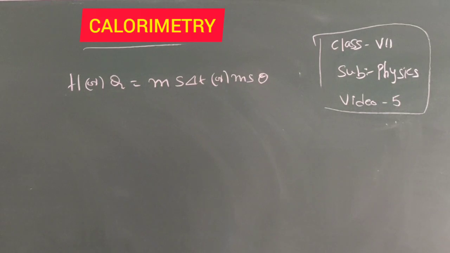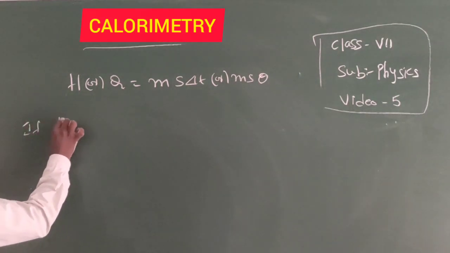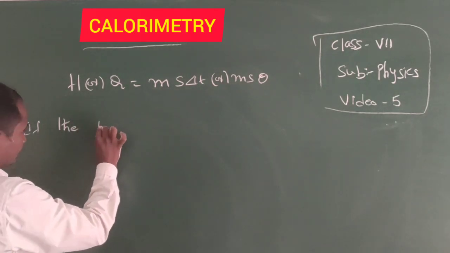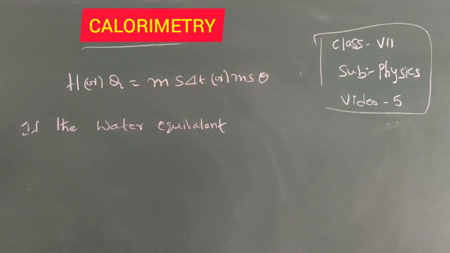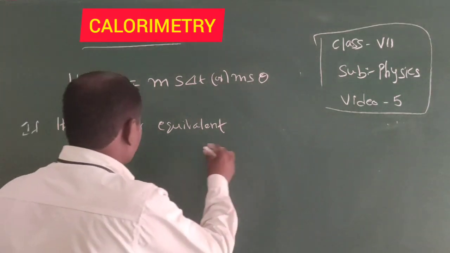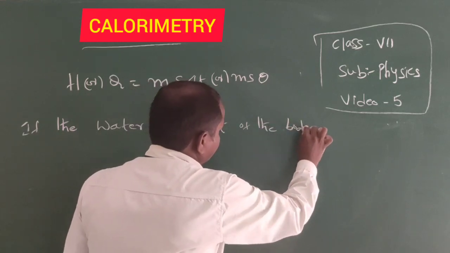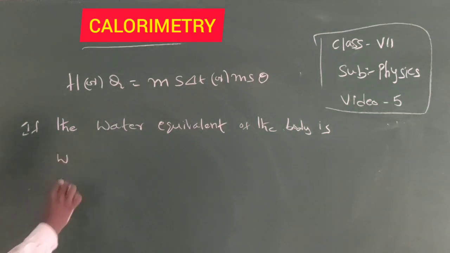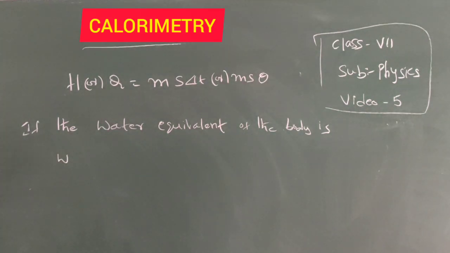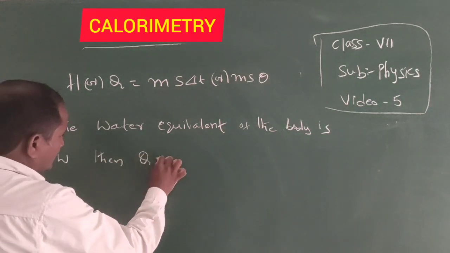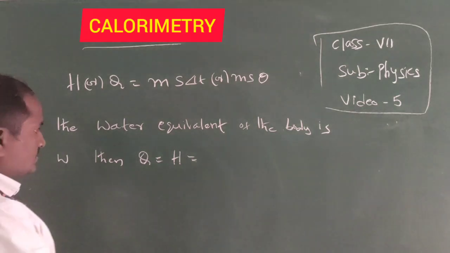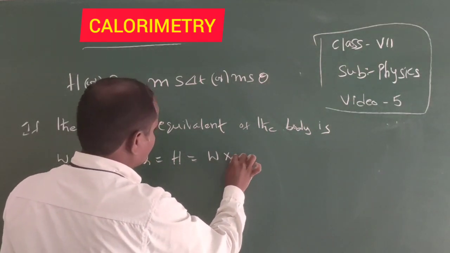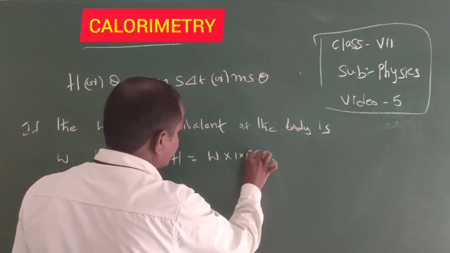If theta equals 1 degree Celsius, and the water equivalent of the body is W, then Q or H equal to W into 1 into the change in temperature, delta T or theta.